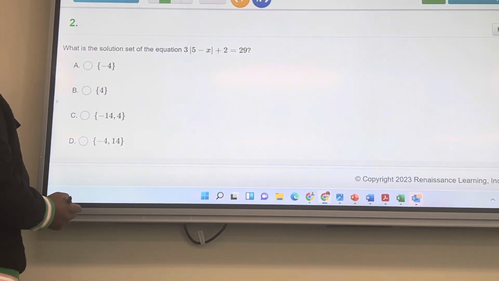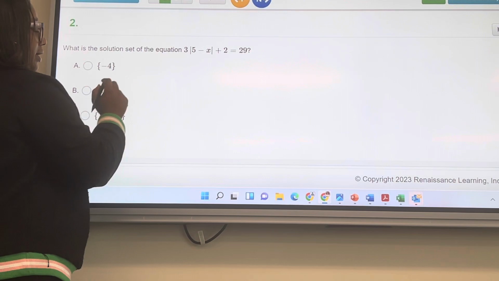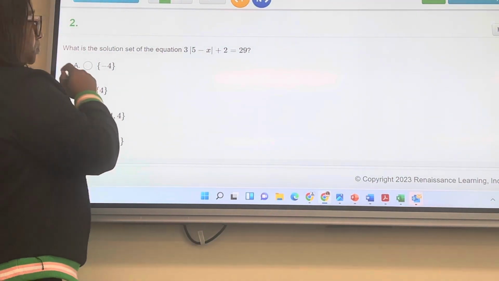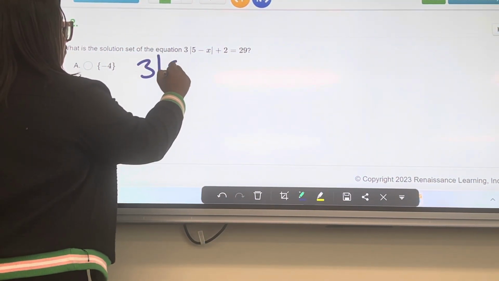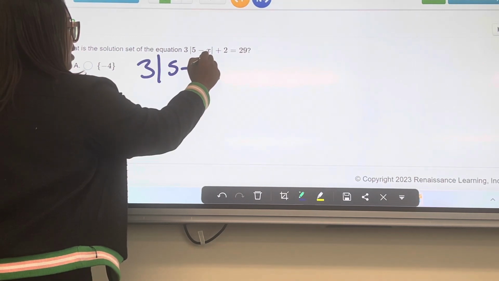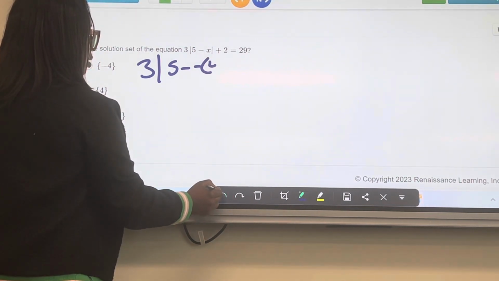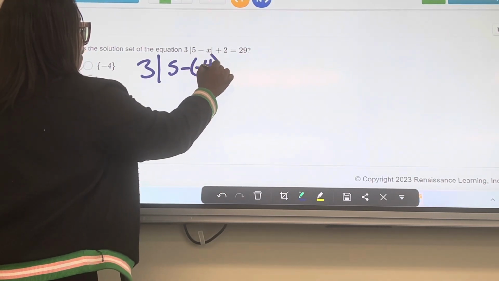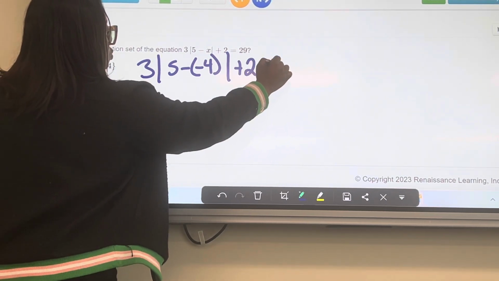So we got X equals -4. I'm going to plug -4 in right here for X. So 3 times the absolute value of 5 minus negative 4, close absolute value, plus 2 should equal 29.